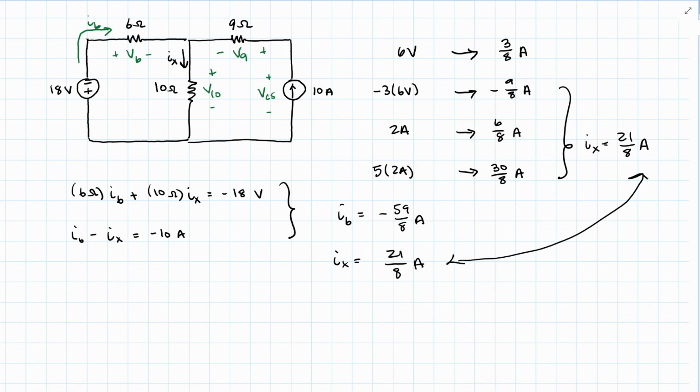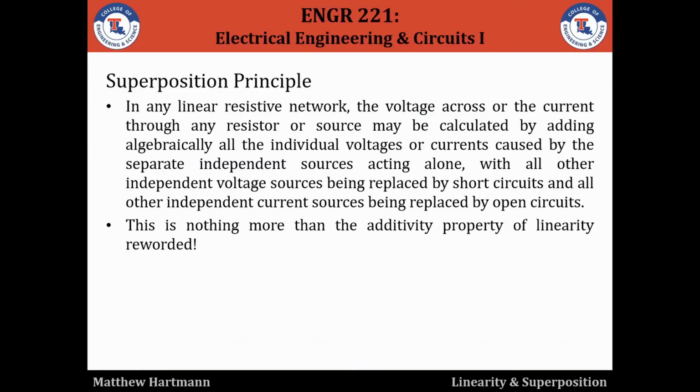You could actually work any circuit possible using 1 volt voltage sources and 1 amp current sources and determine how everything is going to behave just using the scaling and linearity properties. Finally, we come to the superposition principle as it is stated in most circuit analysis textbooks.